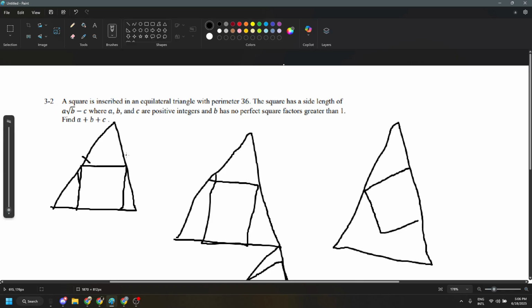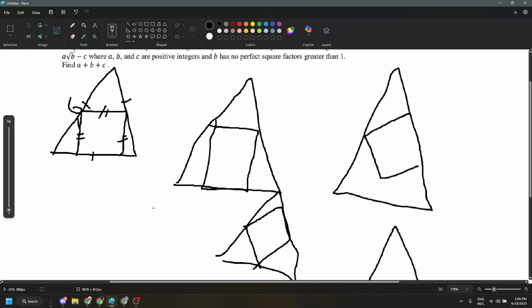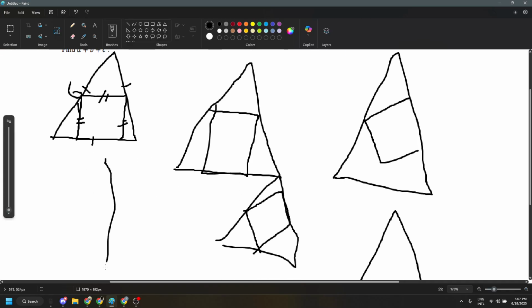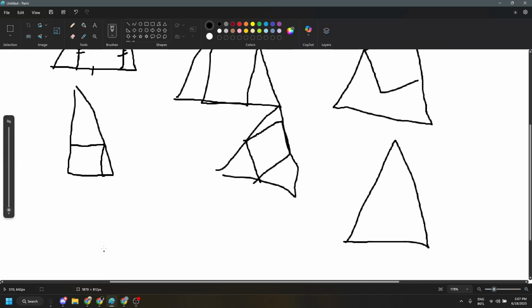So we know that each side is equal, and this is equal to 6. We can split this down the center for a right angle, so this half is 3.